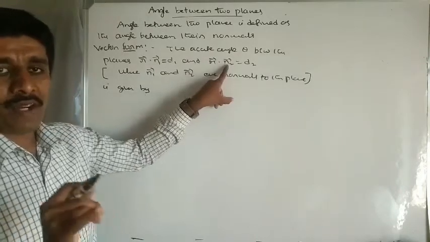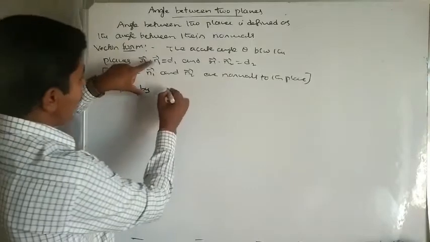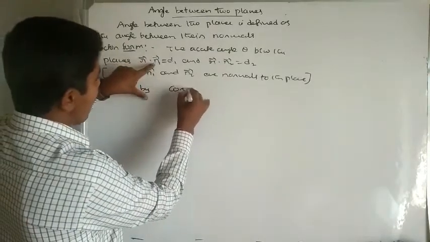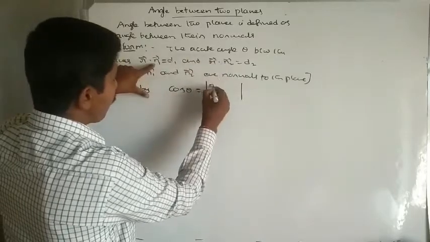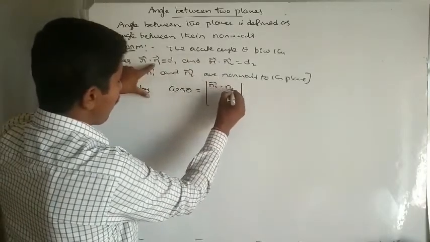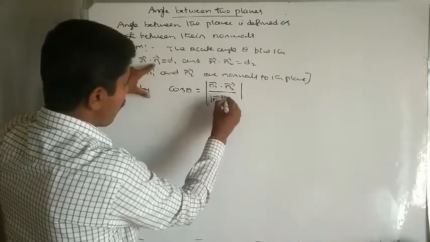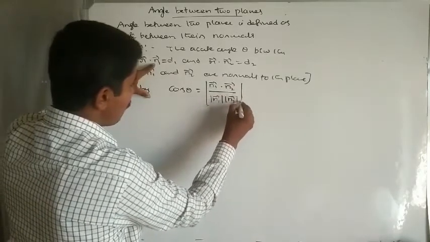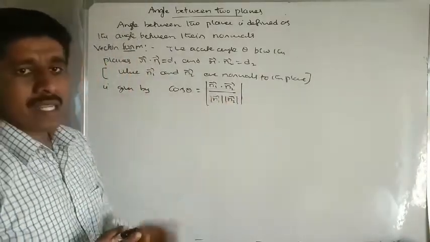Therefore theta is the acute angle between these two normals. Then cos theta is given by modulus of vector n1 dot vector n2 divided by magnitude of vector n1 into magnitude of vector n2.